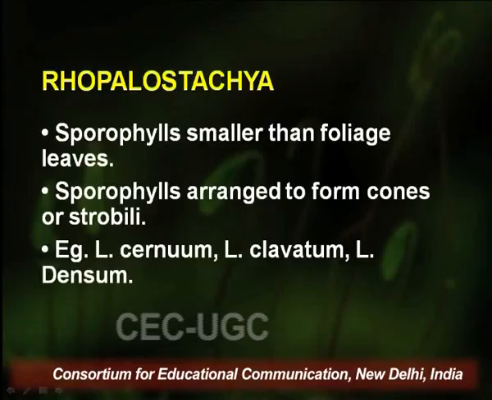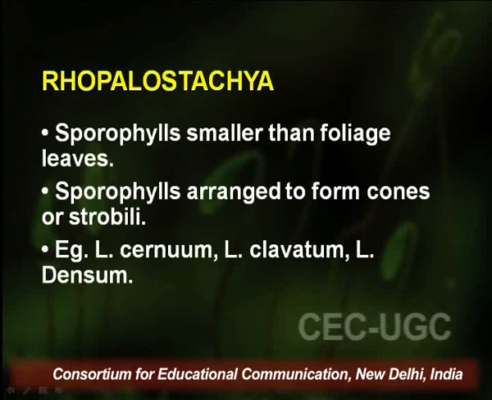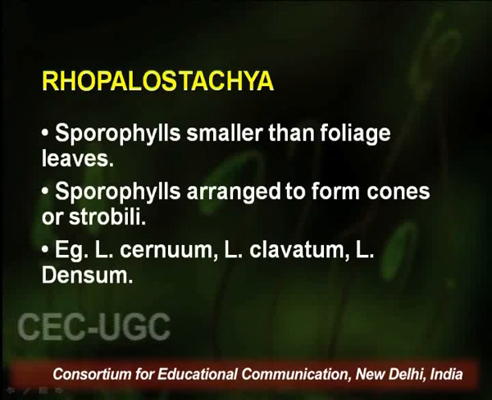We also encounter adventitious roots along the entire length of the stem, because most of the stem is prostrate, attached with the substratum. From the lower or basal part of the stem arise multiple adventitious roots. The primary roots are very short-lived or ephemeral in nature. In Rhopalostachya species, the sporophylls are smaller than the foliage leaves.